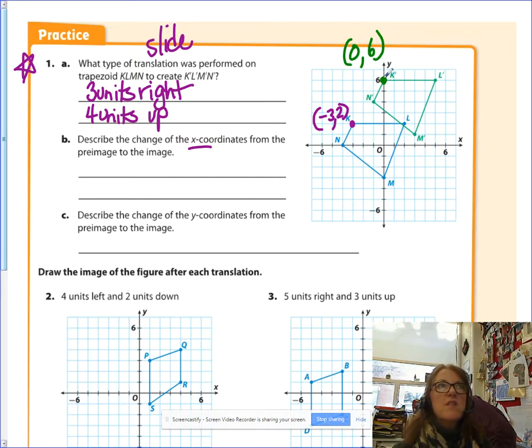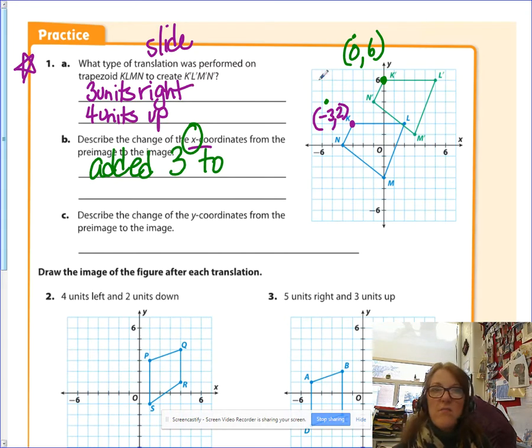Those are the coordinates of this point. So I went from (-3, 2) to (0, 6). What happened to just the x coordinate? From -3 to 0, you added 3, or you increased by 3 all of the x coordinates. For K, I added it to -3, but all of the other points also had 3 added to the x coordinate.